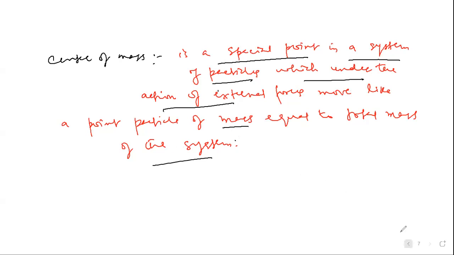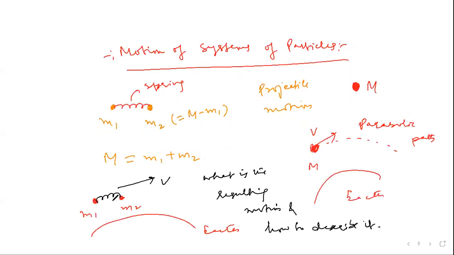That means in this system of particles there will be some point called center of mass that will move like this capital M, because its mass is equal to the sum of the masses of the particles. It will have a projectile motion like this capital M under the action of gravity. The question is how to locate it.